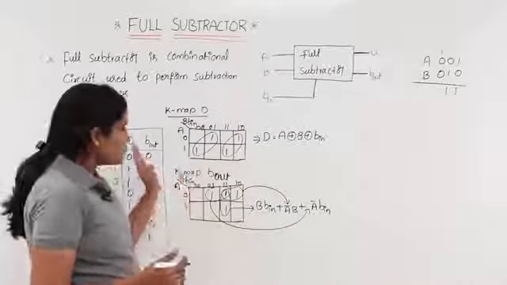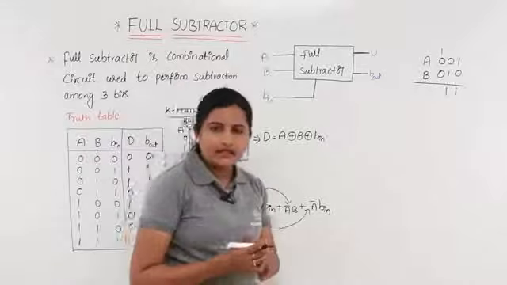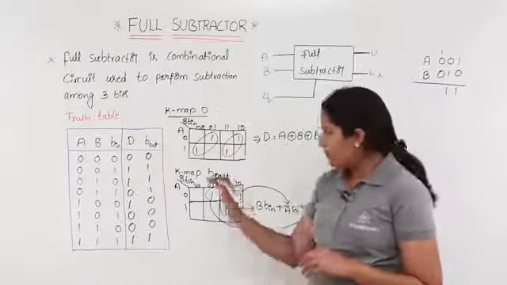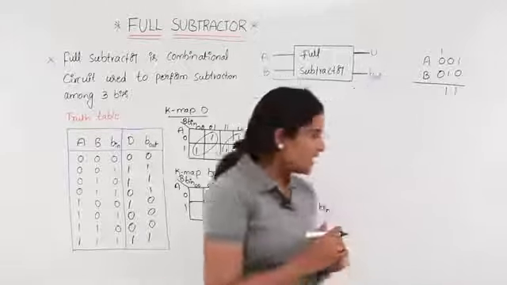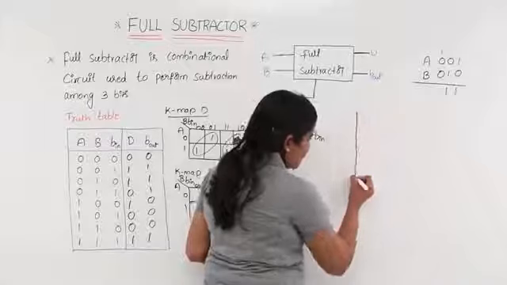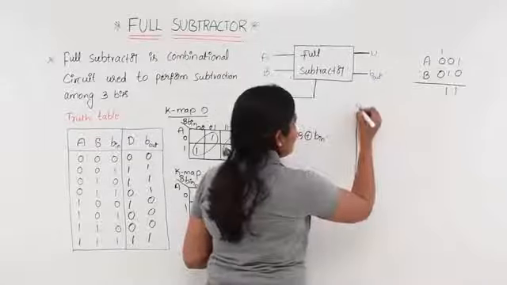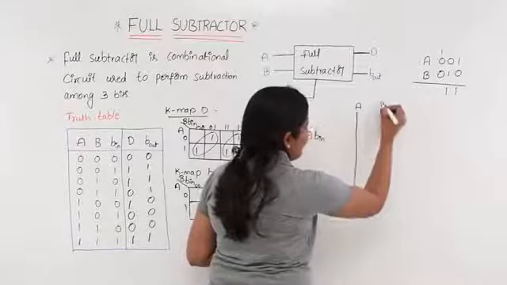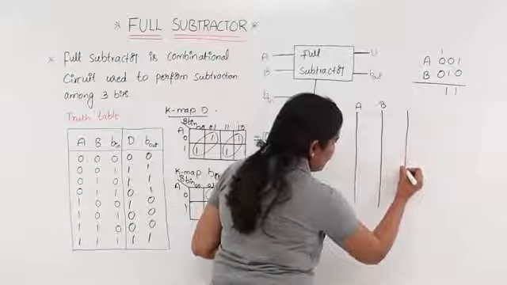Now after getting the 2 output variables and their expressions, you need to consider the logic diagram for these output variables. See here, I am going to draw my logic diagram. How many inputs are there? We have 3 inputs, A, B and B in, borrow in.